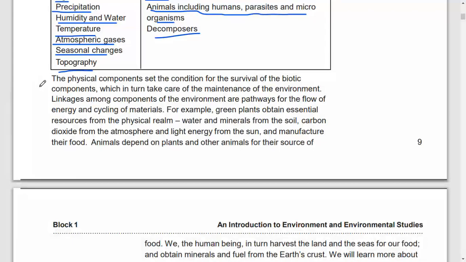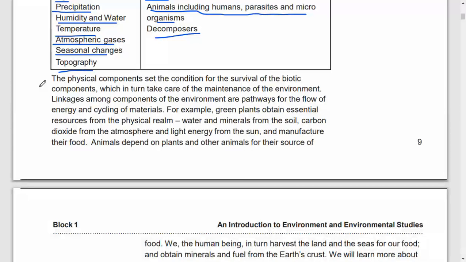The physical components set the conditions for the survival of the biotic components, which in turn take care of the maintenance of the environment. Linkages among components of the environment are pathways for the flow of energy and cycling of materials. For example, green plants obtain essential resources from the physical realm: water and minerals from the soil, carbon dioxide from the atmosphere, and light energy from the sun, and manufacture their food.